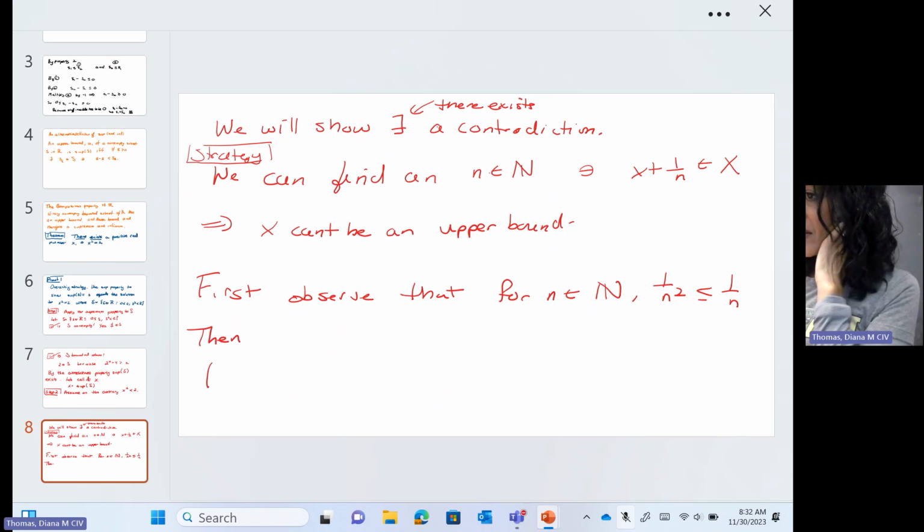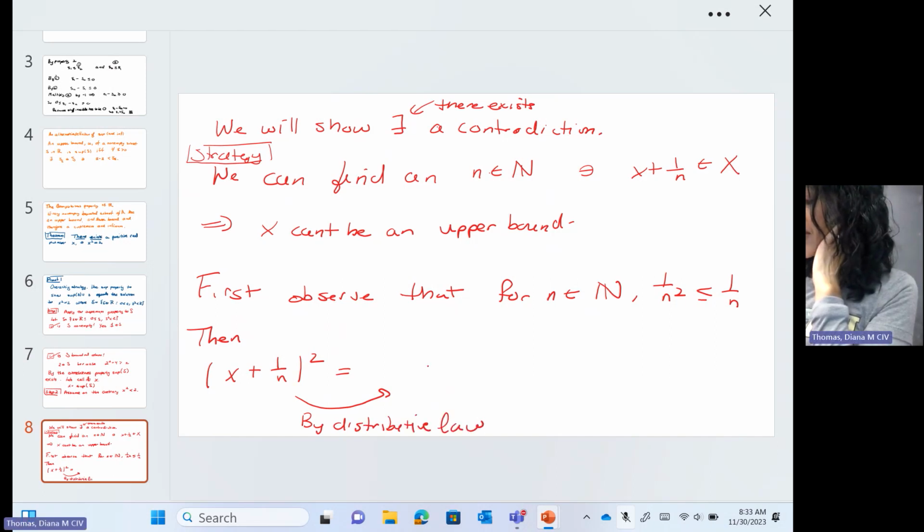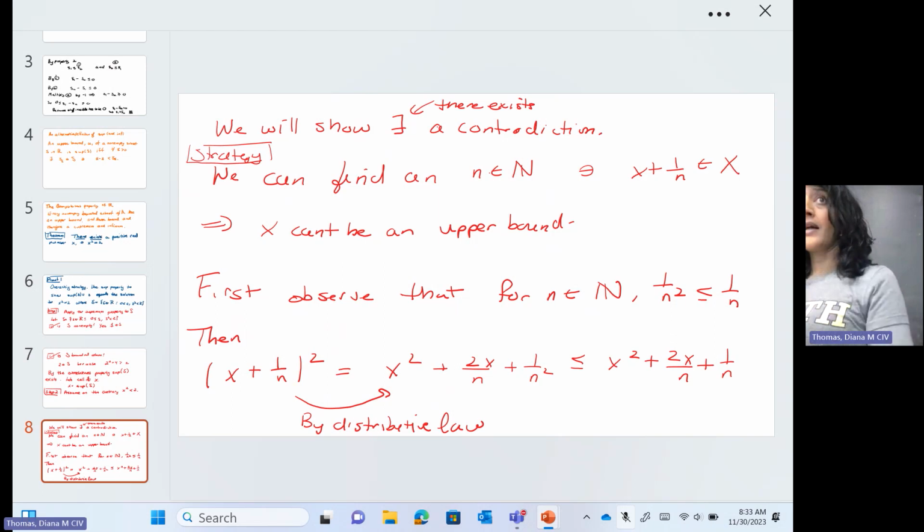So then, x plus 1 over n, like this. Good old high school algebra. You get this. And then I'm just going to replace that bound of 1 over n squared above by 1 over n.